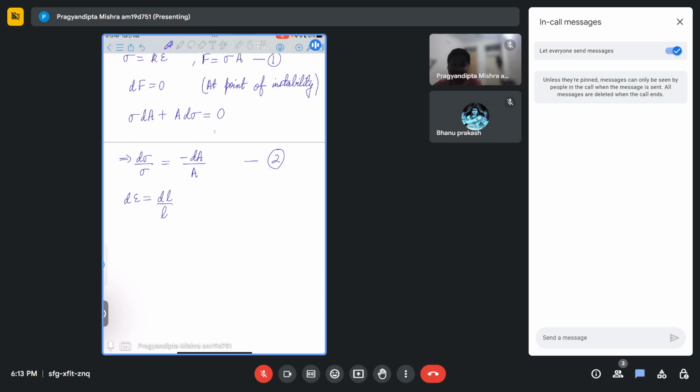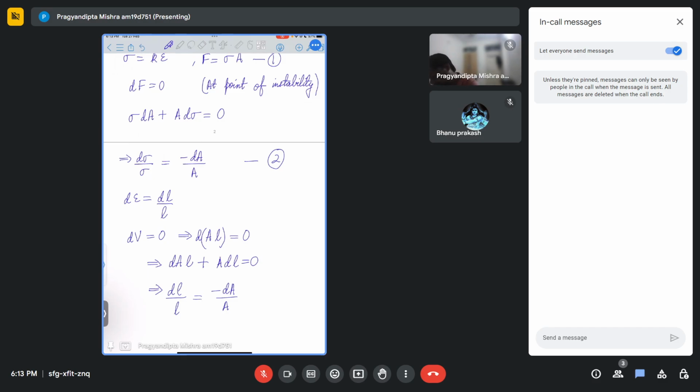But if you are saying that the volume remains constant, or dV is equal to 0, then we can write d of AL is equal to 0, or dA times L plus A times dL is equal to 0. Or in other words, dL by L is equal to negative of dA by A. Right? This is another relation that we can write.